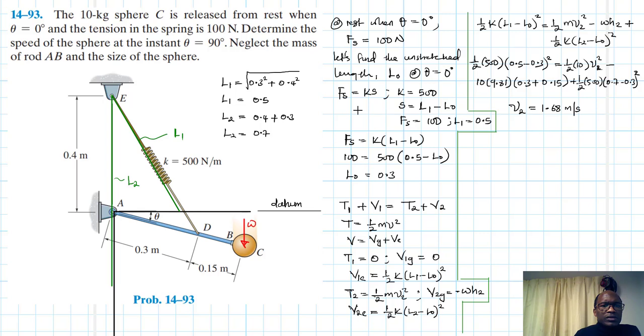So that is finally the speed of the sphere at the instant theta equal to 90 degrees.